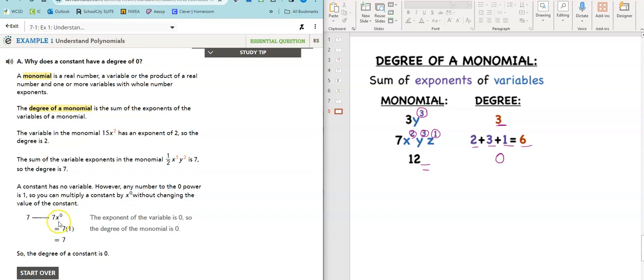You can also think of it as having a variable with an exponent of 0, which means that it is itself 1, which means it's just 7, right? So 7 times x to the power of 0 is really just 7 times 1, which is just 7. Therefore, the degree of a constant is 0.